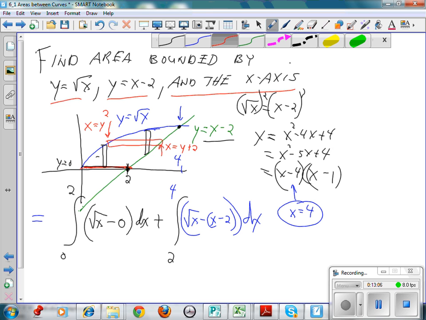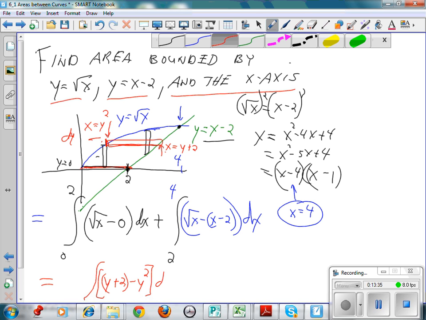So what is the width of that? That now becomes y plus 2, the outer curve, minus the inner curve, minus y squared. That is the width of this rectangle. Well, what's the height of the rectangle? That's just dy.